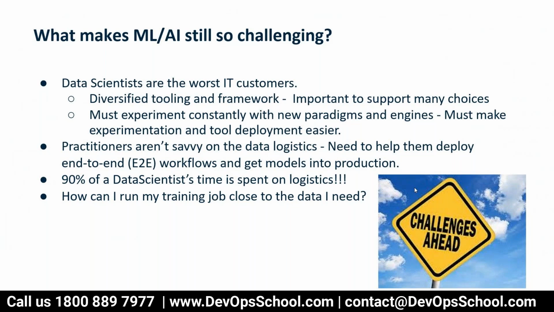But you need an infrastructure, right? In order to train the model, you need lots of compute, lots of storage. You need a place where you can keep all the algorithms. You need a place where you can keep the models, and versioning and many other features, right? You need a place where you can deploy the code. So all these things you need, and data scientists are very weak in IT.